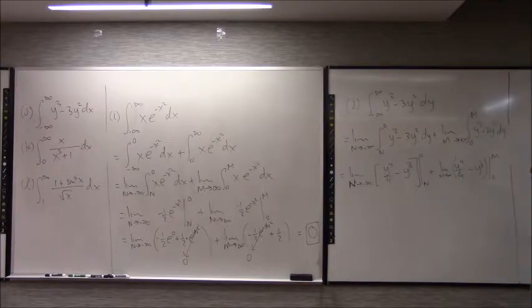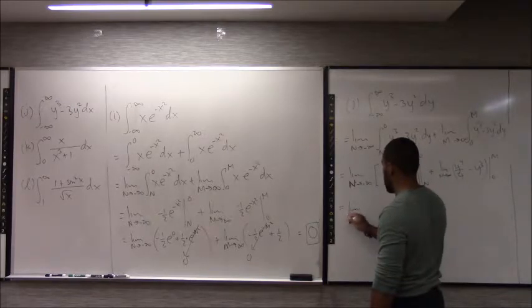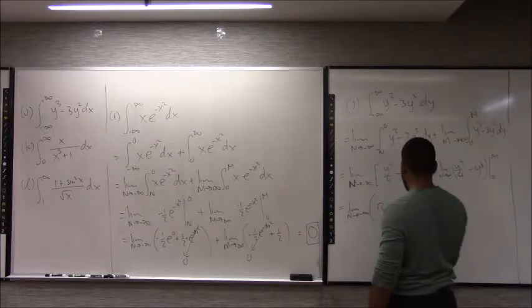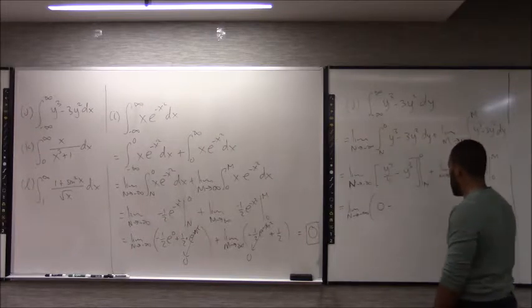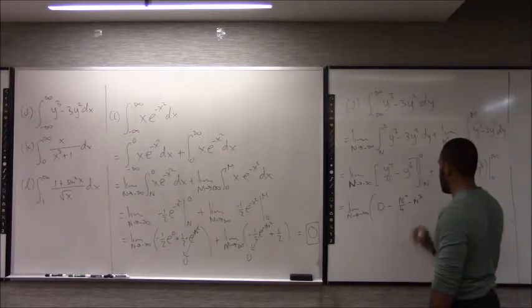This guy, what's going to happen here? Well, first you're going to get 0, minus, well, we will plug in n to the 4th over 4 minus n cubed.